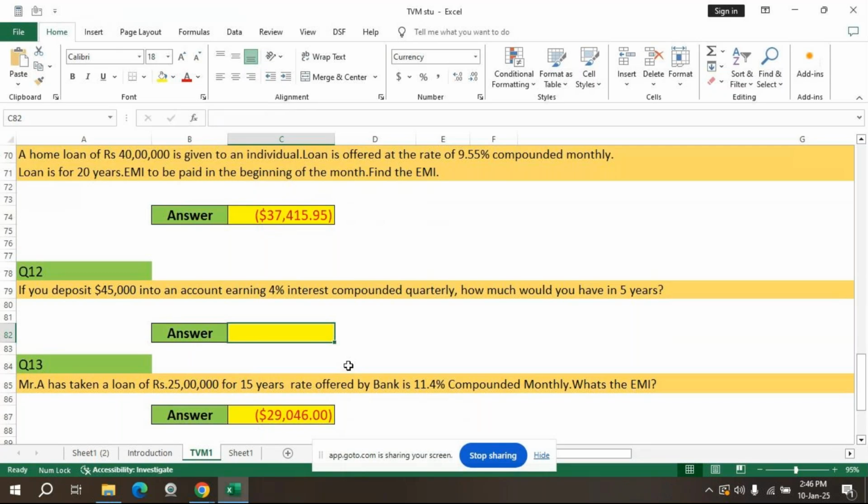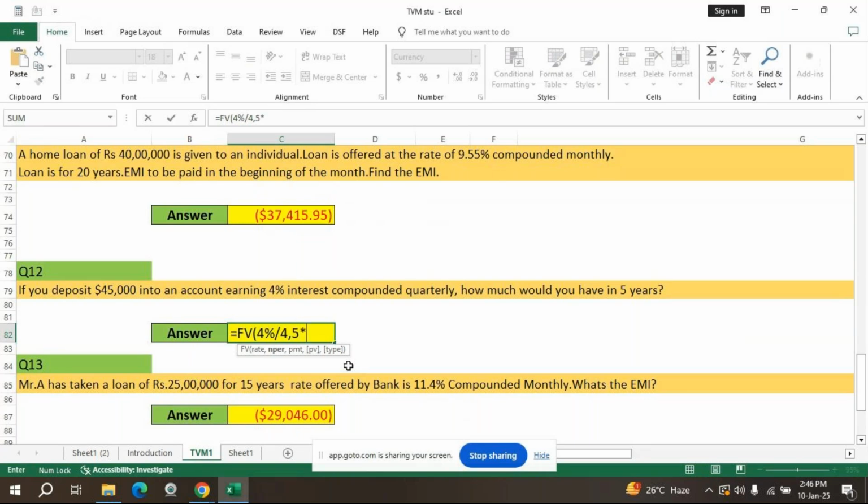After 5 years, how much will be the answer? So is equal to FV, open bracket. Then rate. The rate should be divided, right? So you put here 4% divided by 4, compounded quarterly means 4 only. Then comma, number of periods. So the number of periods is 5 years.